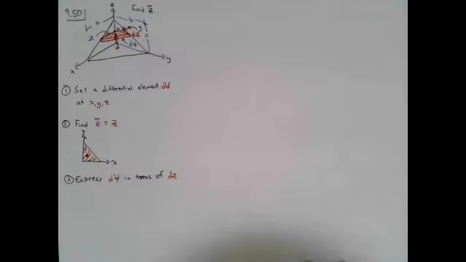Our differential volume is dv. And in this case, we know that this triangle has a dimension of x and y. And we know the thickness of the triangle is dz. So given that information, these dimensions, x, y, and dz, can you tell me what the volume of this element would be?